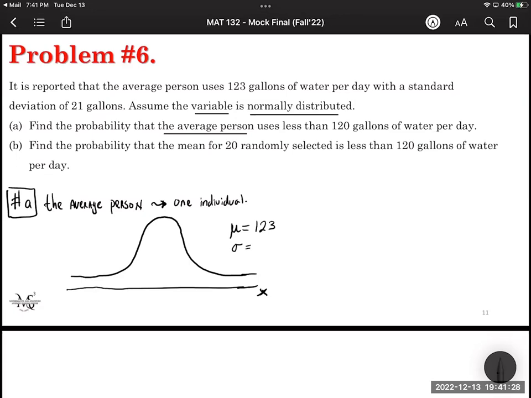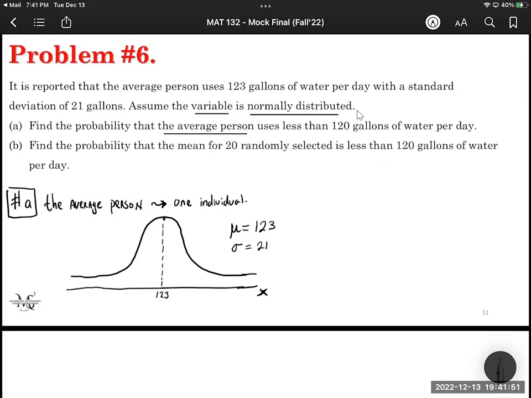And the standard deviation? 21. Now the mean is located at the center, right in the middle, 123. We're trying to find the probability that the average person uses less than 120 gallons of water per day.